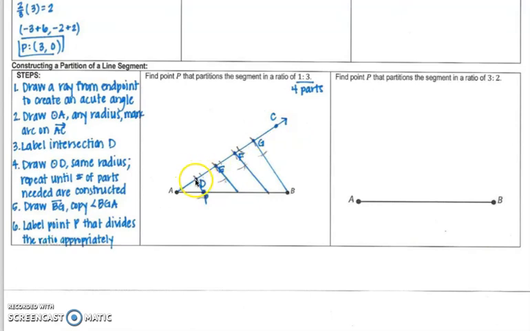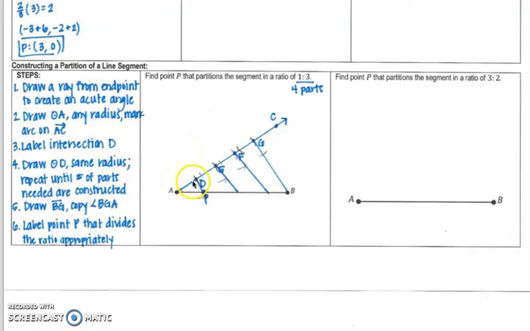That's where I got D from. And I made sure that I made this small enough so that I could make 3 more arcs like it, because I have to partition the segment into 4 parts, because 1 and 3 is 4 parts. Please don't make your mark halfway up the ray that you created. You're going to have to do enough so that it fits.